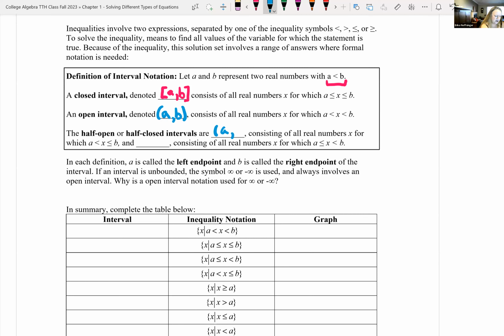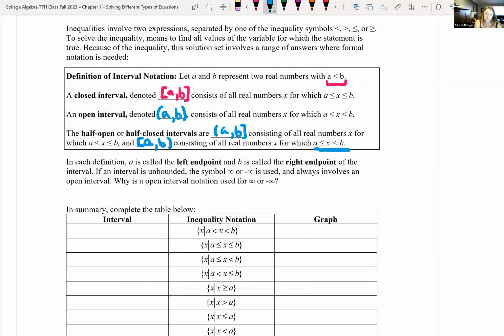So A, comma, B, bracket consists of all X where A is strictly less than X, but X is less than or equal to B. Or we might have bracket A, comma, B, parentheses, and this is if A is less than or equal to X, which is less than B.